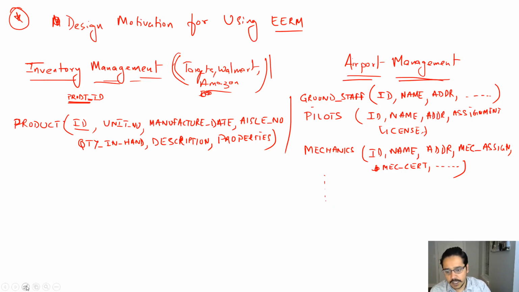Now if you pay attention to what is happening here in this first scenario, if we look at a specific attribute like properties, the properties of different products are not going to be the same. Let's say you have different categories of products.